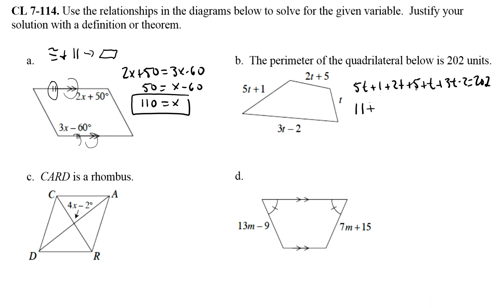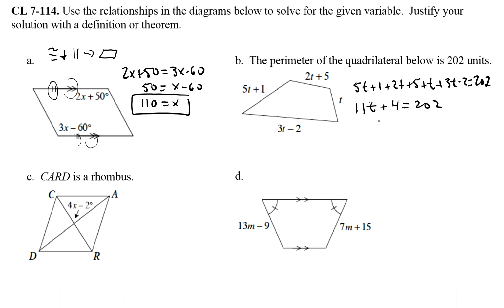So 1 and 5 is 6, minus 2 is plus 4, equals 202. Looks like I forgot the t here. Let me just write that again so everybody can read it. 11t plus 4 equals 202.